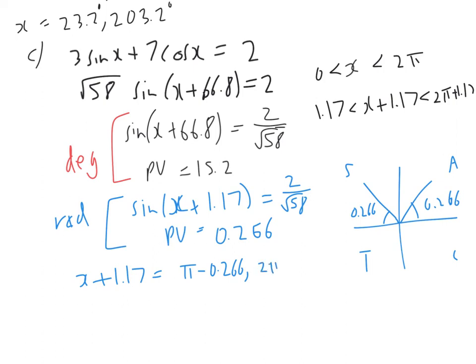So 2 pi plus 0.266. And then you take 1.17 off those and you get the answers, 1.71 and 5.38.